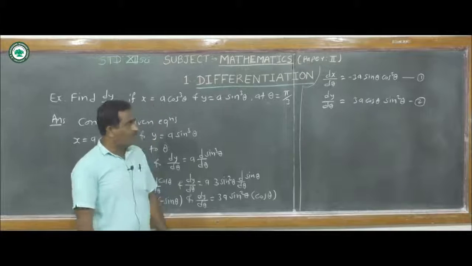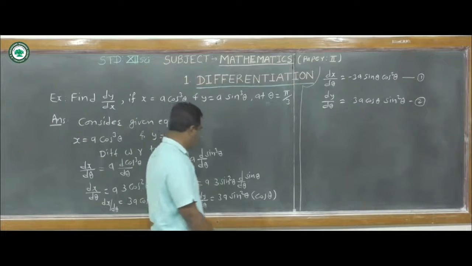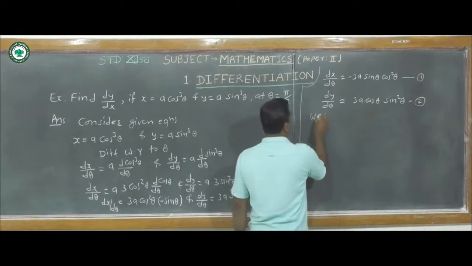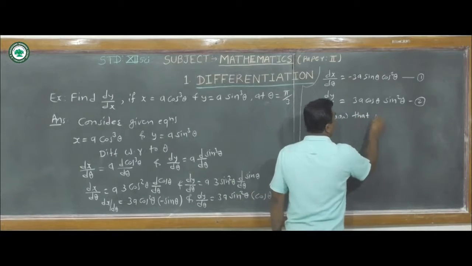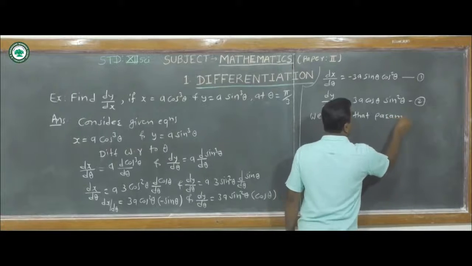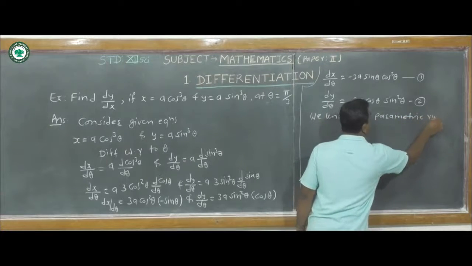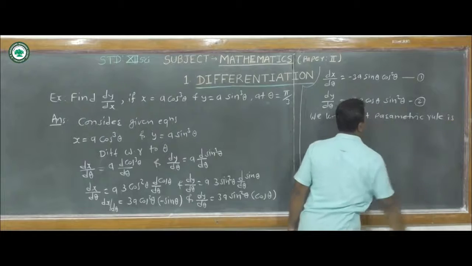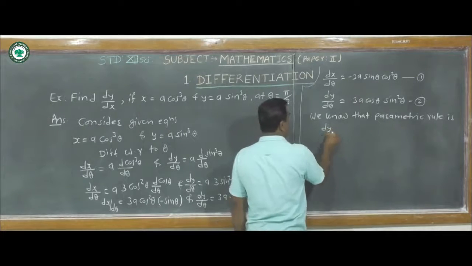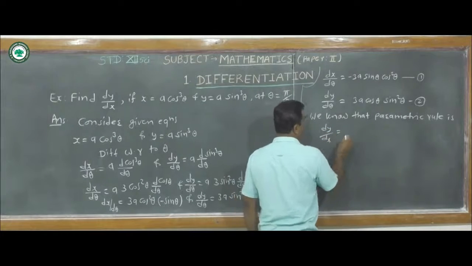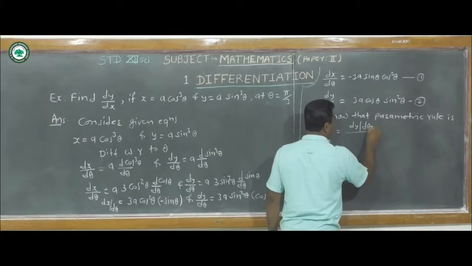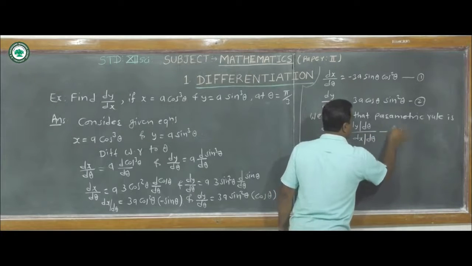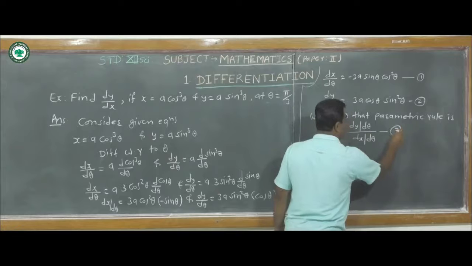Okay, now we know the parametric rule, which is dy by dx is equal to dy upon d theta upon dx upon d theta. Say this as equation number third.